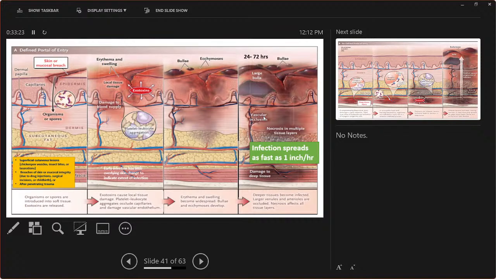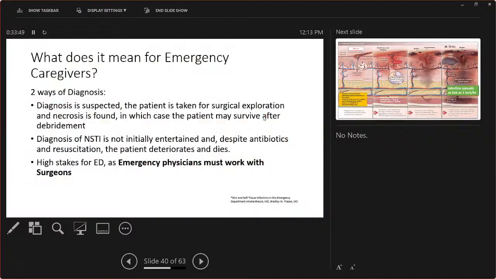This exotoxin will cause platelet and leukocyte aggregation in the capillaries, again providing an anaerobic region for the bacteria to grow. Then this will slowly spread downwards, causing bullae, ecchymosis, then start to involve the hypodermis region, and again causing vascular thrombosis.